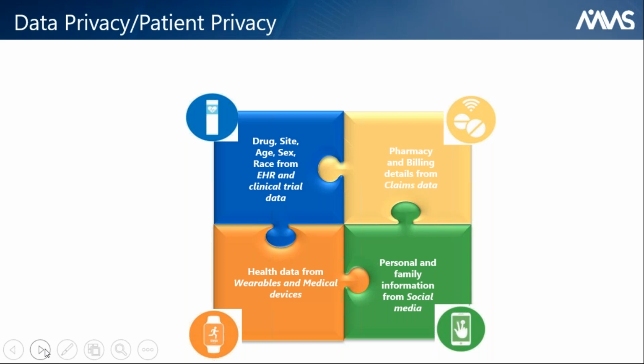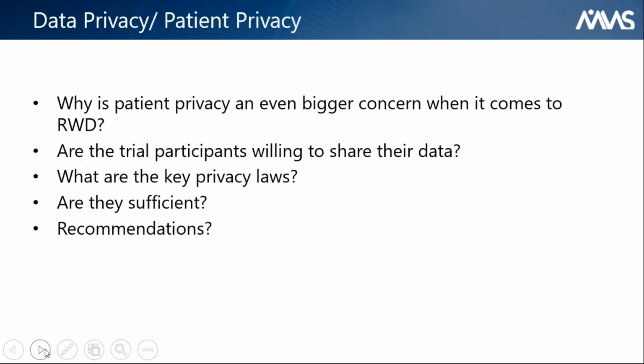So RWD could potentially give us this information more easily when we compare this to RCTs or other siloed data sources, right? So let's look at what else makes privacy an even bigger concern when it comes to RWD.